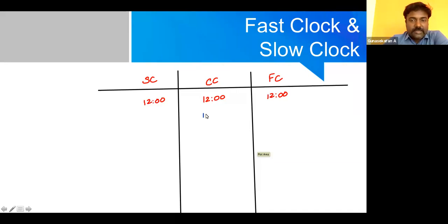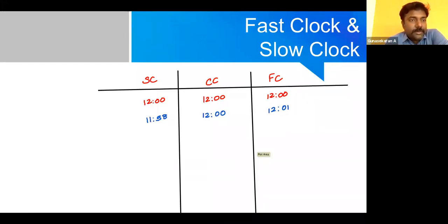In 24 hours, next day, when the correct clock shows 12, understand? If other clock shows 12:01, another clock shows 11:58, 11:55, or whatever it is. Understand the difference between fast clock and slow clock.